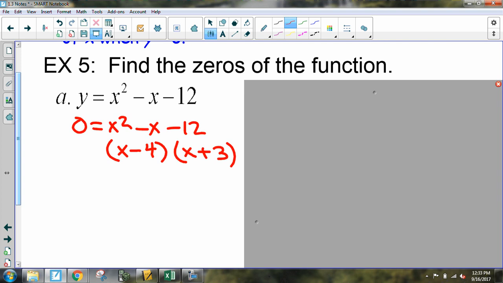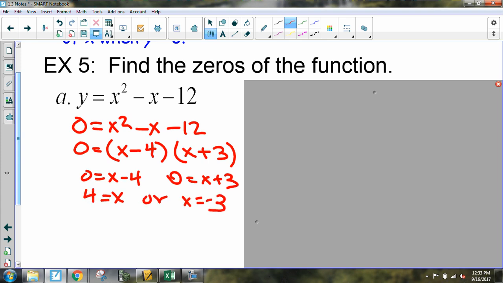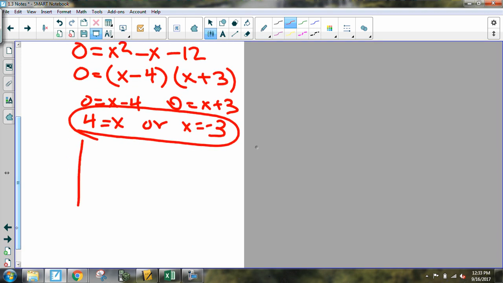They multiply to give you negative 12 and add to give you negative 1. So we set each factor equal to 0. So x is going to equal 4, or x equals negative 3. Those are our two solutions to the function. So the two zeros of the function. That means that on a graph, it's crossing at 4 and negative 3. So that's why we have two solutions to that.